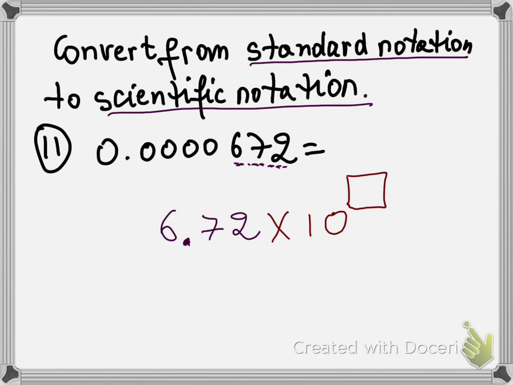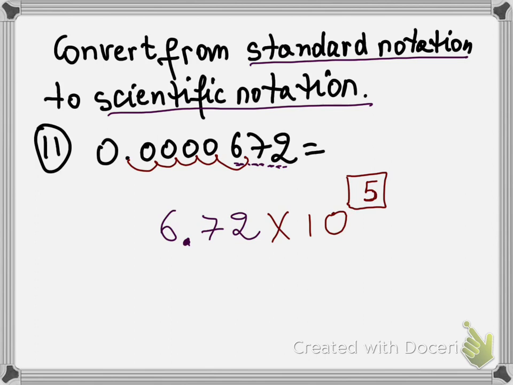Well, what we did is we moved the decimal to the right: 1, 2, 3, 4, 5. So we're going to have 5. But notice that the exponent is either going to be 5 or negative 5.